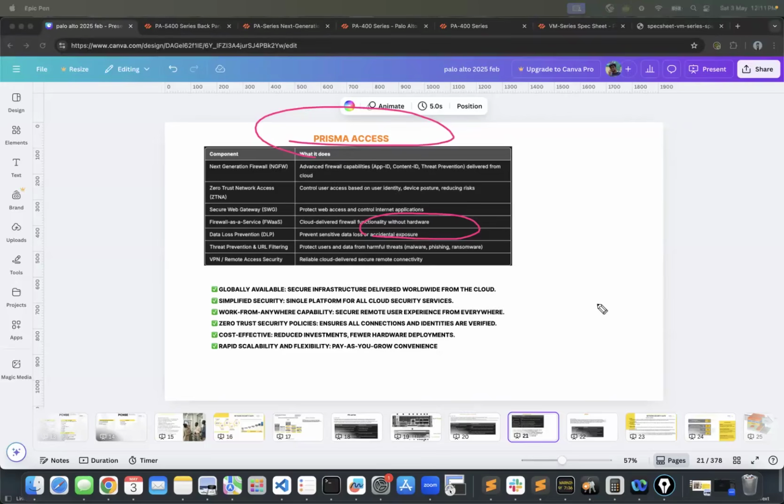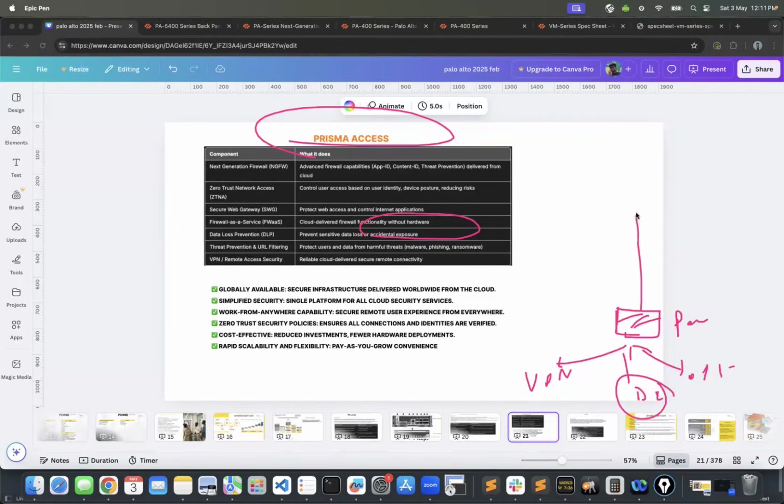Let's assume you are having Panorama, which is a management server, and you are using some kind of VPN, office, data center, everything, and you created some cloud firewall over there. It's for cloud security, right? Yes, you can use on-prem security as well, but for the cloud.